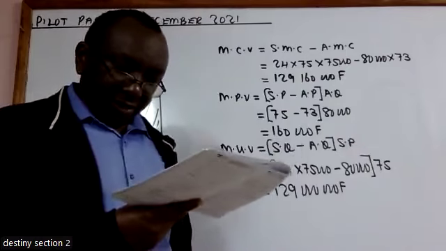So based on that, tell me what is the value of a. 22.5. Now this one, you should also know that this is the fixed cost.